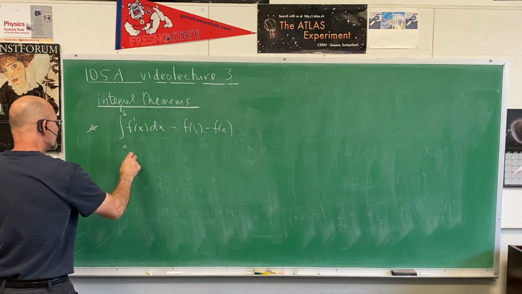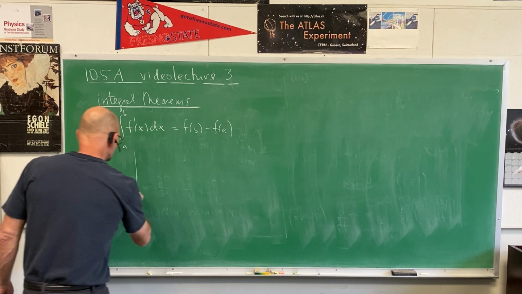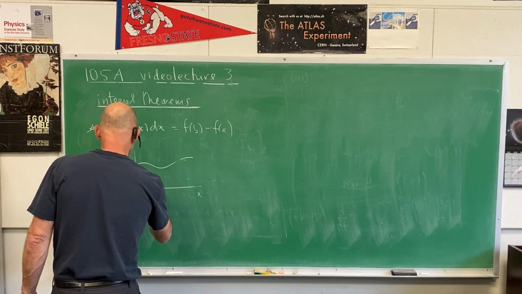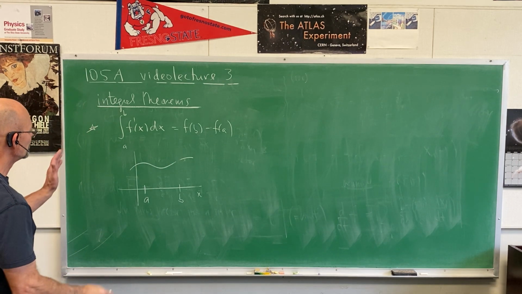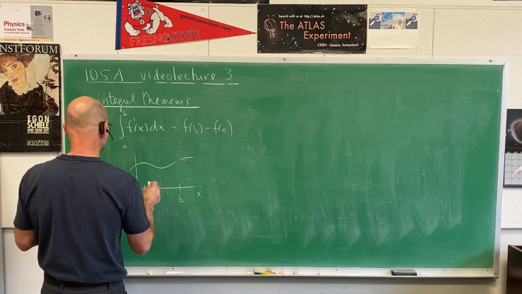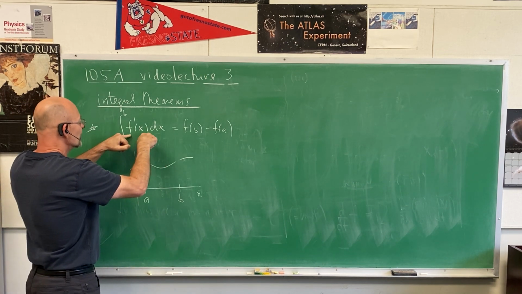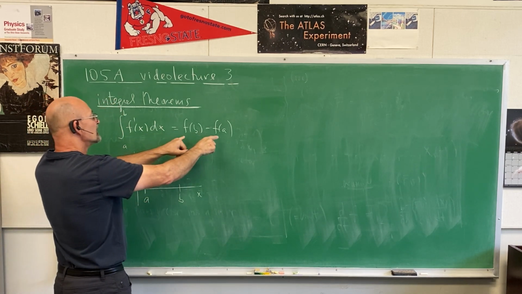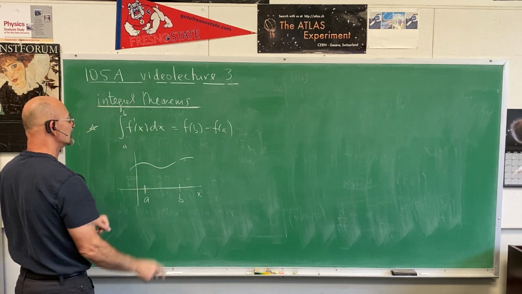What's going on here, this is what we want to spend a little time thinking about. We've got a function, our x-axis, okay, here's a to b, and we're replacing the integral of its derivative by the value of the base function at the two endpoints.